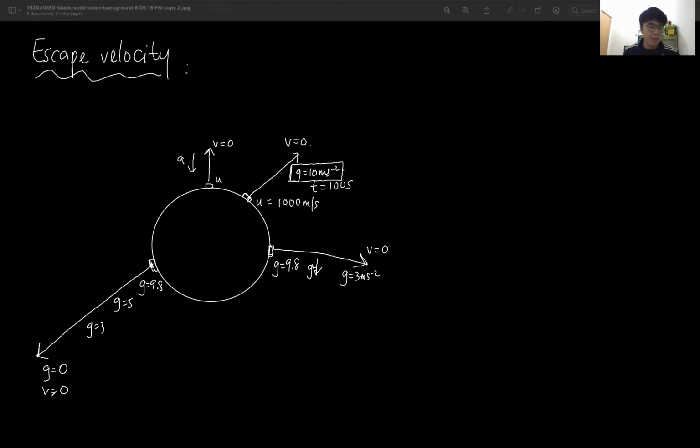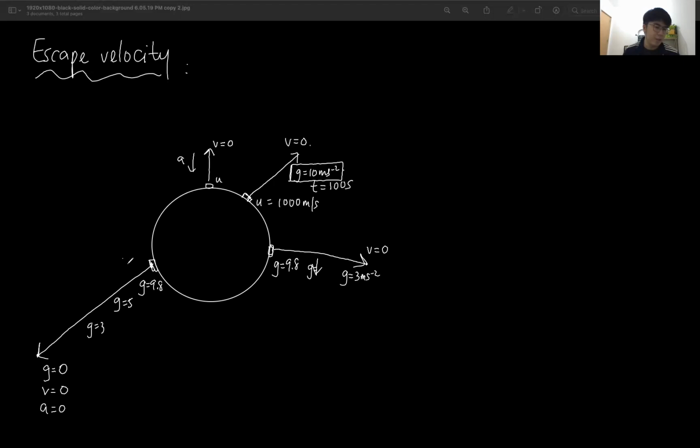So that means 0 acceleration, 0 velocity. What happened to the object here? Will it fall back down? No, right? Because the g is already 0, there's no more attraction force. So the object will not fall, and also it will not leave. It will stay here because you've got no more velocity. So it just floats in this region of space at this point.